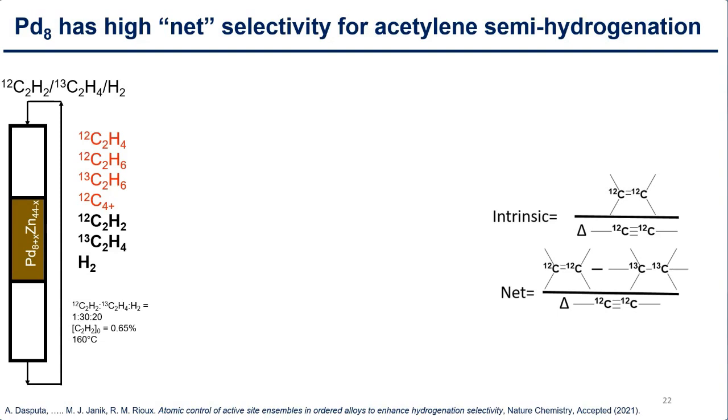And so here that helps us define a net selectivity. And this net selectivity is ultimately the value of most importance when thinking about designing an industrial catalyst for this reaction. The higher the net selectivity, the better your catalyst is at hydrogenating acetylene to ethylene without further hydrogenating any added ethylene to ethane.